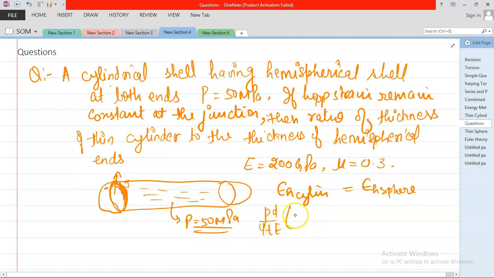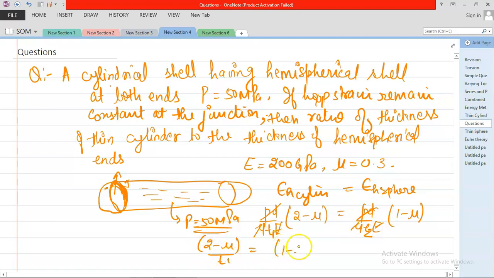In the cylinder it is PD by 4TE (1 minus mu)... If you cancel every term, T1 and T2 are different, so I cancel every other term other than T. So here the value is 2 minus mu, and (1 minus mu) by T2. We need to find T1 by T2. T1 by T2 is equal to (1 minus mu) by (2 minus mu).